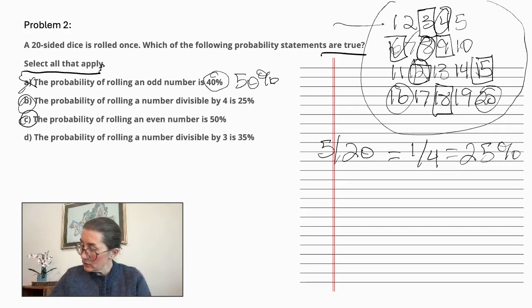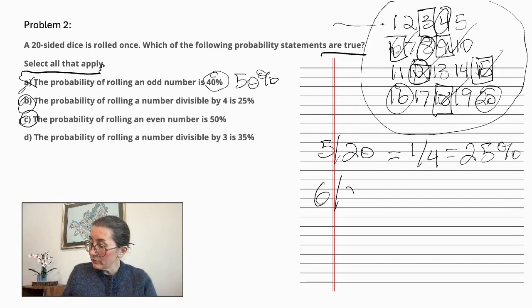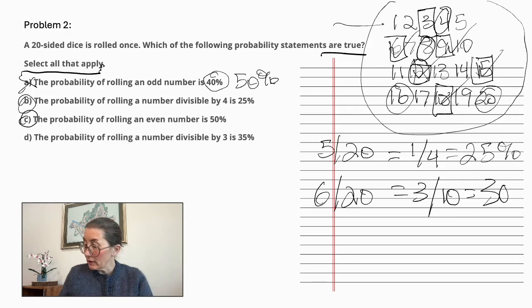That is 1, 2, 3, 4, 5, 6. So 6 out of 20 is equal to 3 out of 10, which is equal to 30%. That is not true. So the correct answers here are B and C.